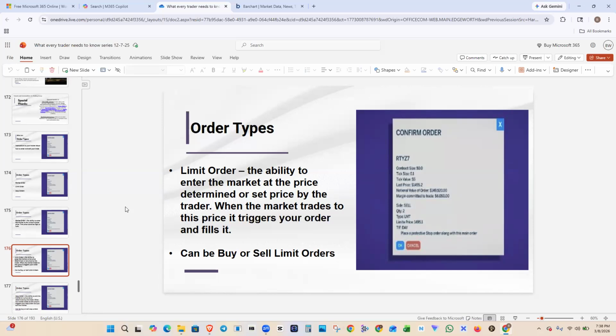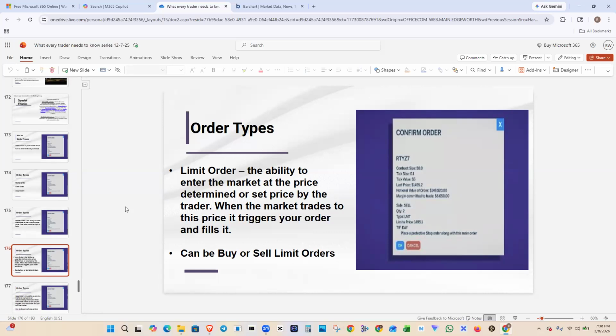So you're going to place a limit order that says, I'm willing to pay this much to buy, or I'm willing to take this much to get out of the trade. A limit order can go on both a buy or a sell.